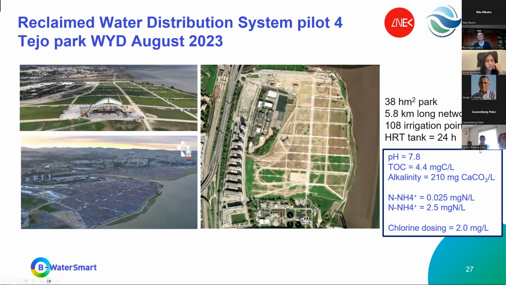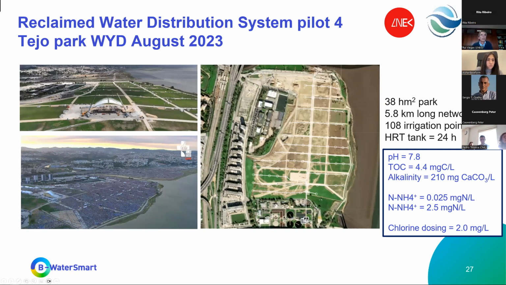So then we had a last pilot, a more simple pilot than this third pilot, which is a distribution network that was built for the World Youth Day that took place last August in Lisbon.